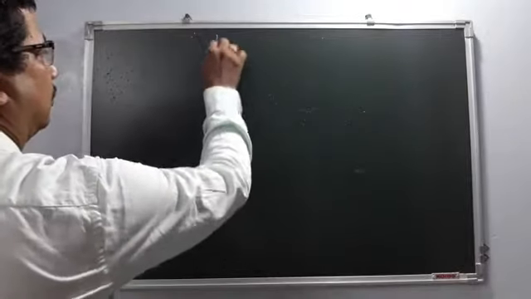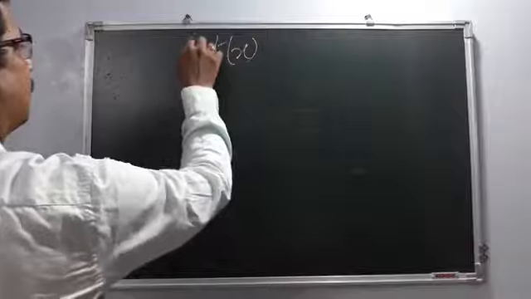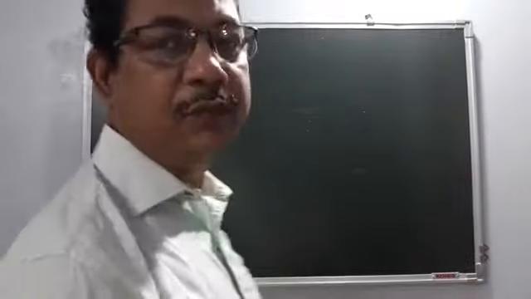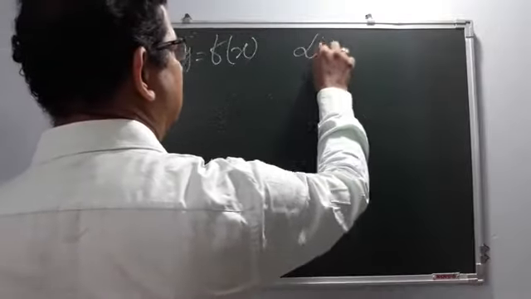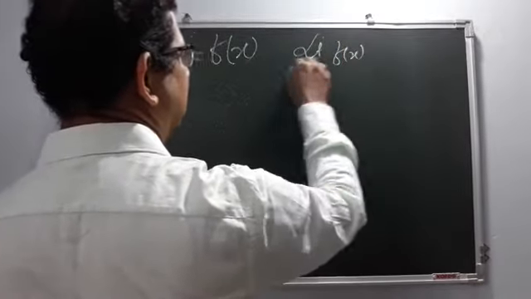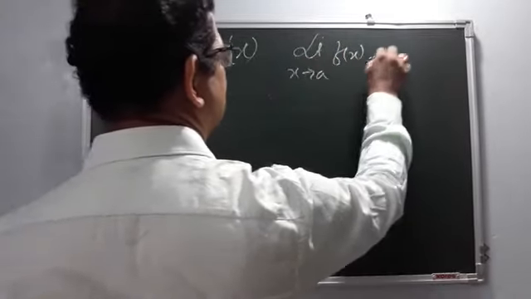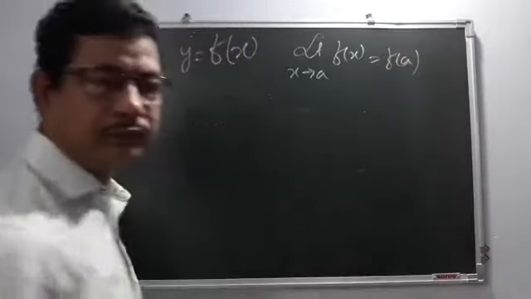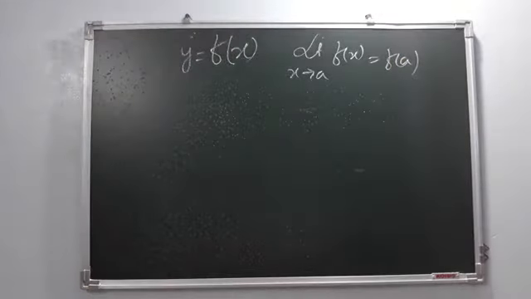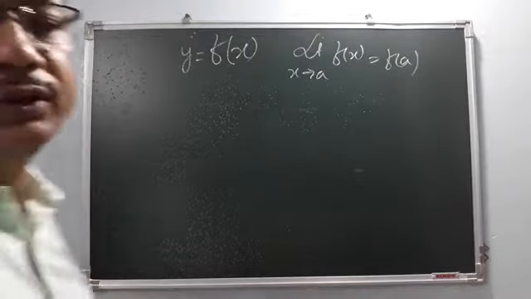A function y is equal to f(x) is continuous at a point x equal to a if limit f(x) as x tends to a is equal to f(a). If these two are equal, then we say it is continuous at point x equal to a.